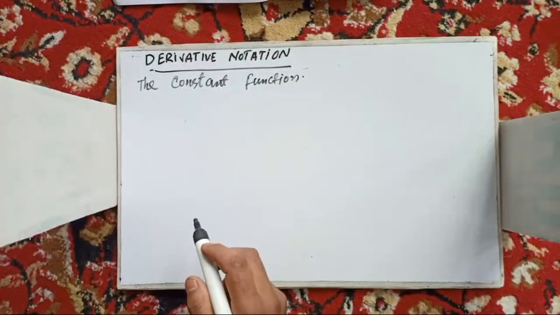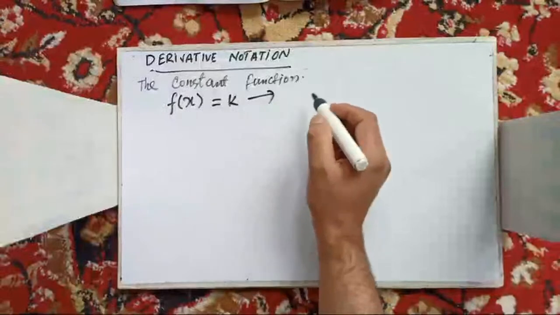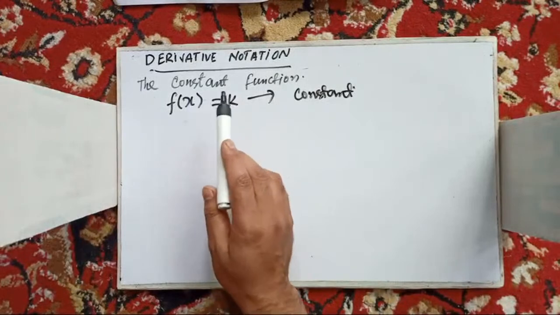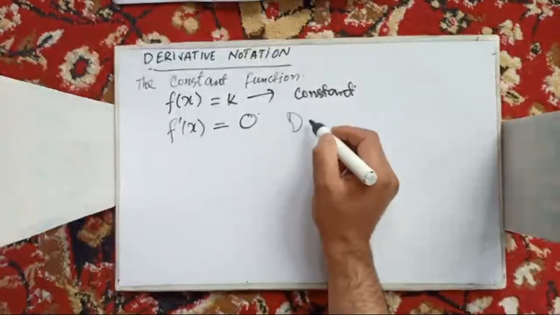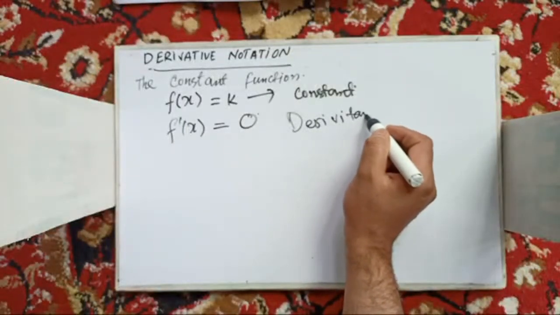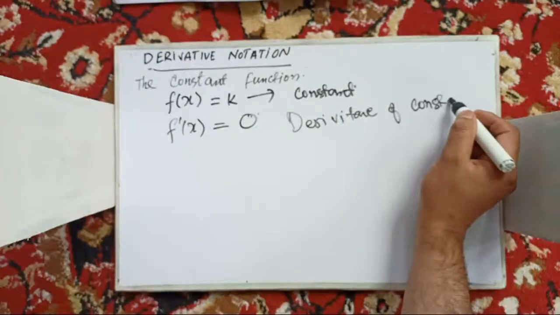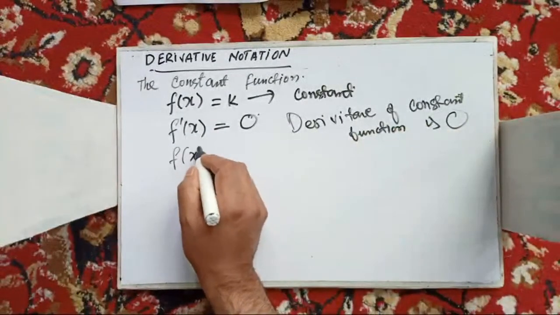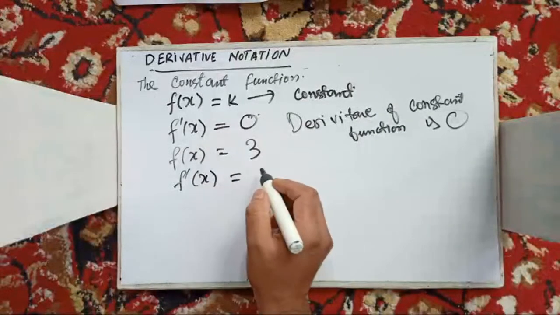That means the derivative of a constant function, where k is the constant, is 0. That is, if f of x is given as 3, where 3 is the constant, its derivative is 0, that means f dash x is equal to 0.